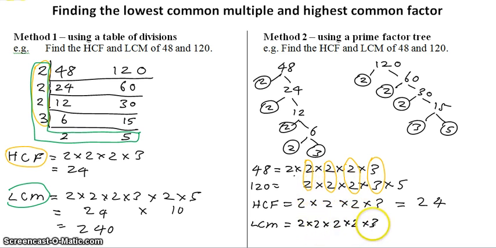We need a 3, which we've got, and we'll need a 5. So we just multiply that by 5 at the end there. And so we end up now with 3 5s are 15, 2 15s are 30, 2 30s are 60, 2 60s are 120, 2 lots of 120 is 240. Okay? Choose the method which you like the best and take it from there. Okay?